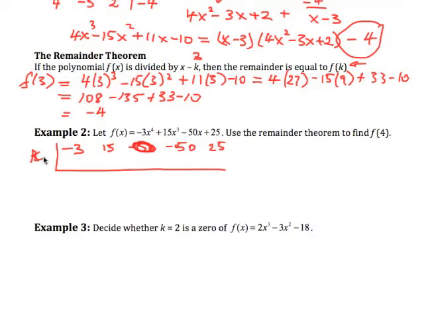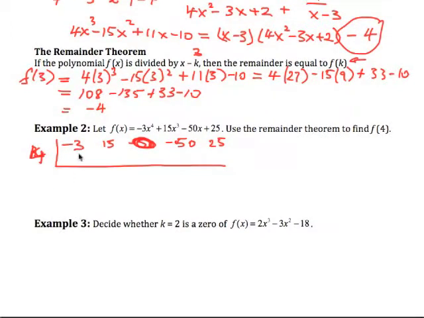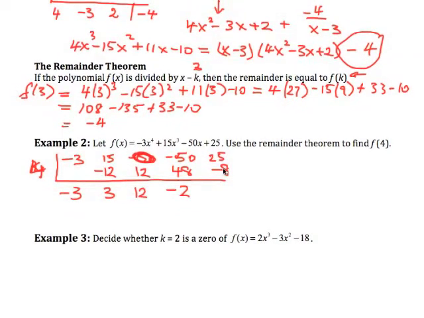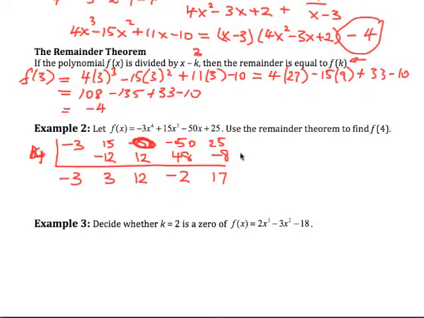Okay, now, bring the -3 down. So we go -12, add, we get 3. We get 12, we add, we get 12. Here we get 48. Add, and we get -2. Multiply, we get -8. And of course, here's our remainder, so I'll take 8 off of here, so that will give me 17.